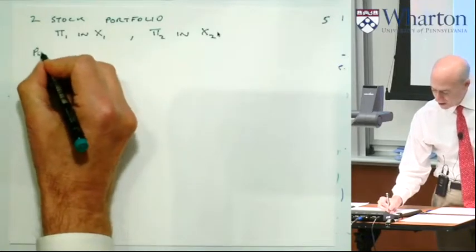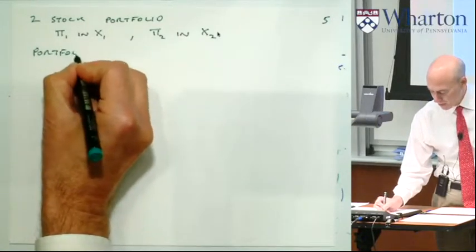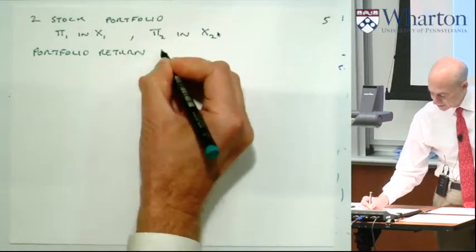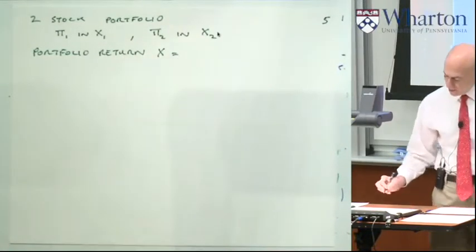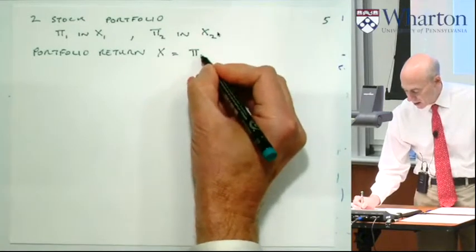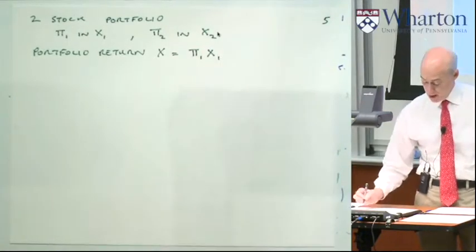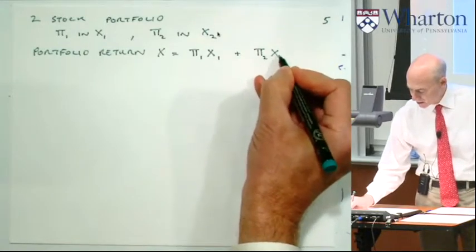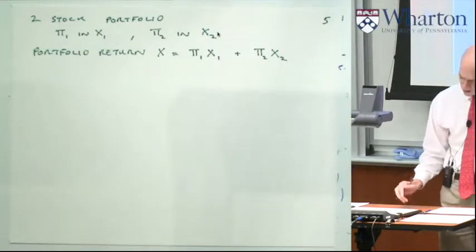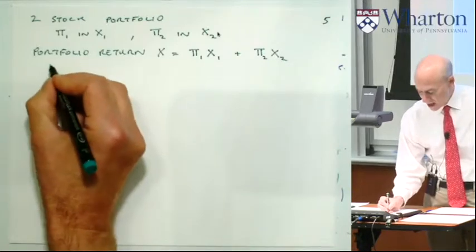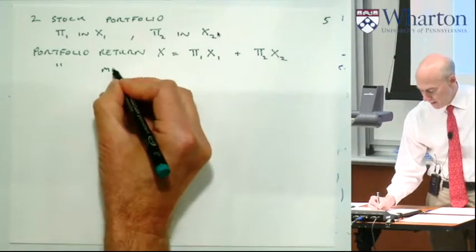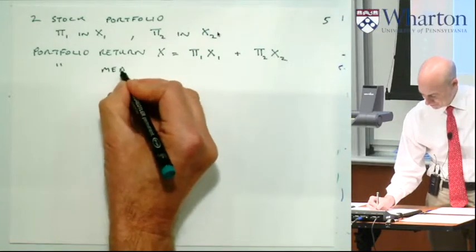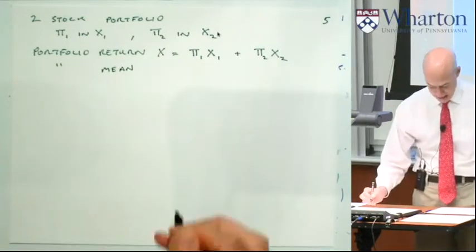So the portfolio return, which we're going to call x, is going to be pi 1 x1 plus pi 2 x2. The portfolio mean is going to be EX.